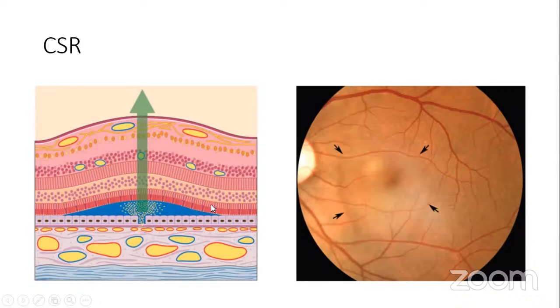Subretinal. And you have this dome-shaped elevation of the retina around the macular area. So this is what you have here. So the reflectivity of the retina here is poor, and you have a dome-shaped appearance here, serous kind of appearance.